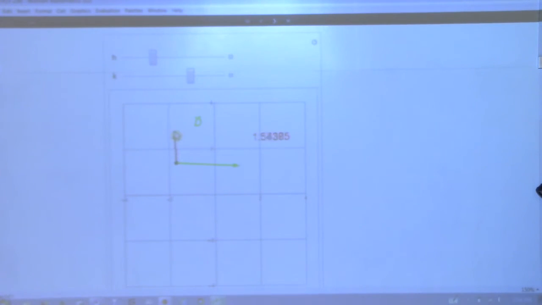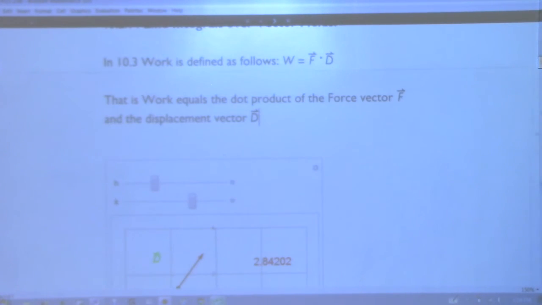Did I go past it? Where is it? You know what? Something ain't right there. We should get negative, right? I wouldn't trust that number. I don't trust it. Because if two vectors are orthogonal, what is their dot product? 0. So what am I calculating there? I'm curious now. Hold on.